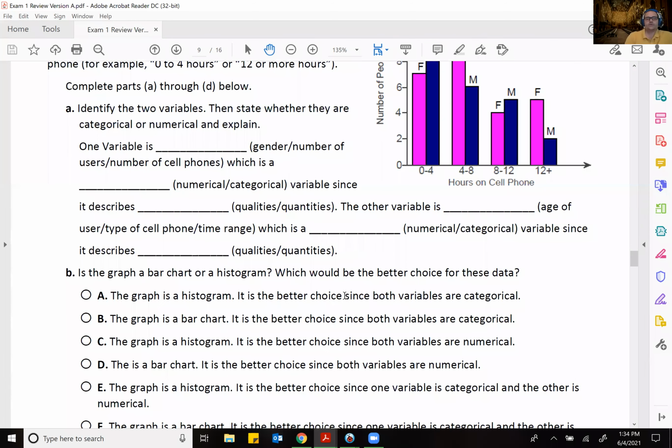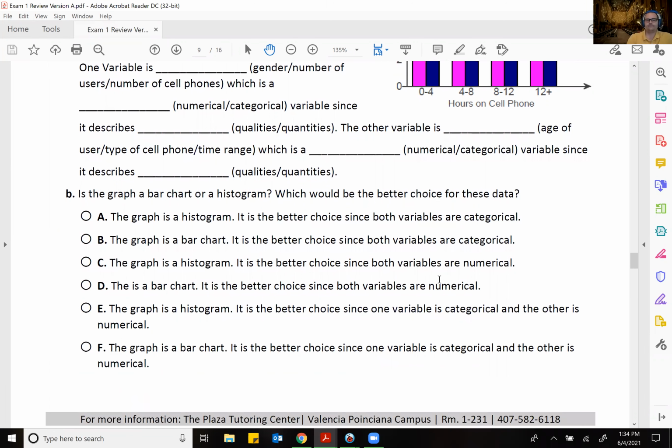All right. So is this graph a bar chart or a histogram? Bar chart. And which would be a better choice? So you said it's a bar chart.